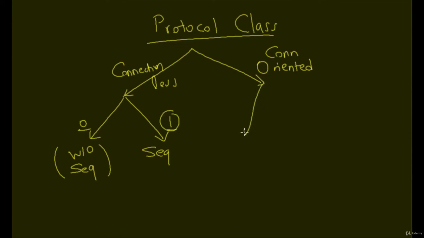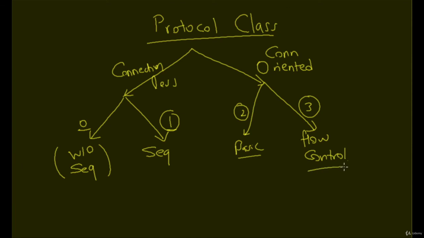Then the connection oriented protocol, here also there are two types. One is 2 and another is 3. Okay. 2 is the basic connection oriented protocol and 3 is with the flow control. Okay. So since it is a connection oriented protocol, everything will arrive in sequence, that is for sure. But there is no flow control when class 2 is used.